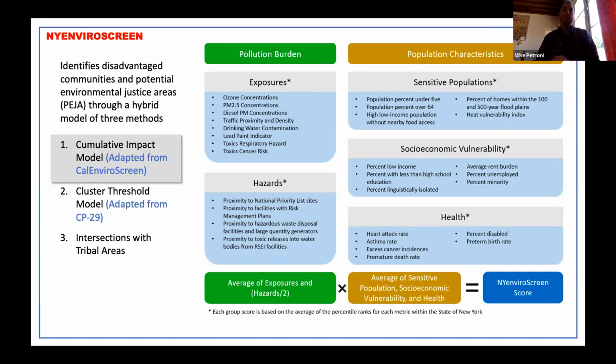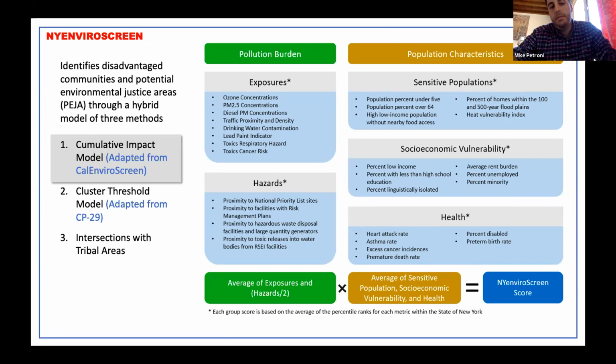So we do this using 3 different steps, and we try to combine a few methods in order to work with the prior policy that was in place and a desire to incorporate additional data factors.